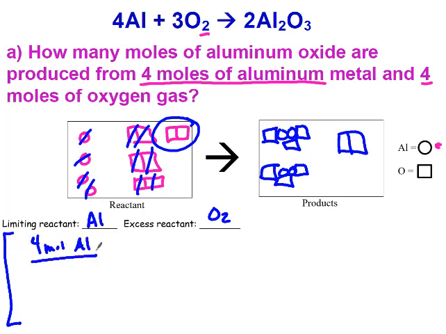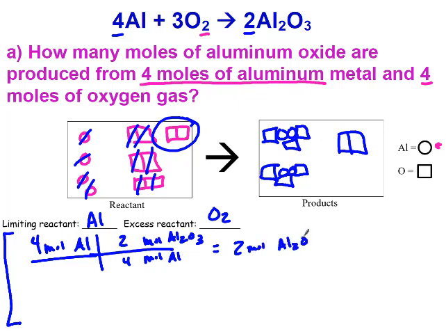So you have 4 moles of aluminum, and we're converting to moles of aluminum oxide. 4 moles of aluminum for every 2 moles of aluminum oxide. That's 8 divided by 4, so that's 2 moles of aluminum oxide. And then we do the same thing with our oxygen.